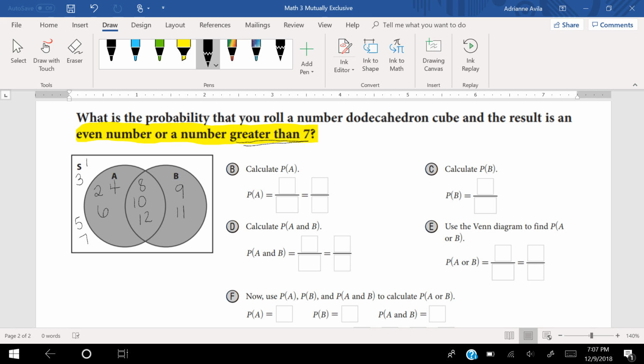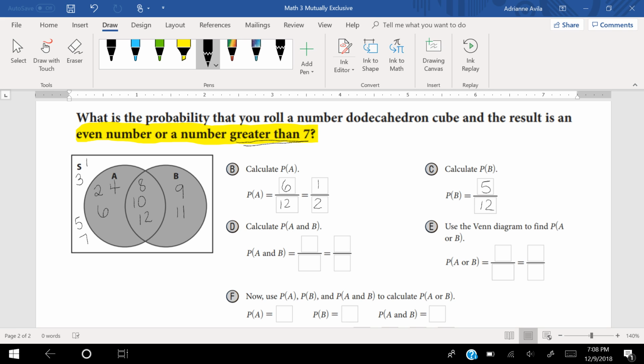Now when I calculate the probability of A, I still have 1, 2, 3, 4, 5, 6 of the 12 possible in A. When I calculate B, the probability of event B has 5 options.